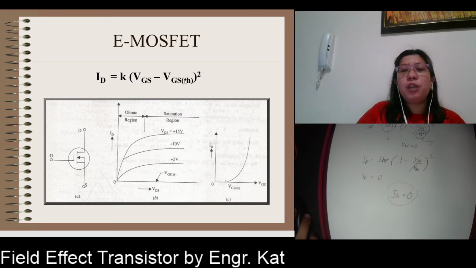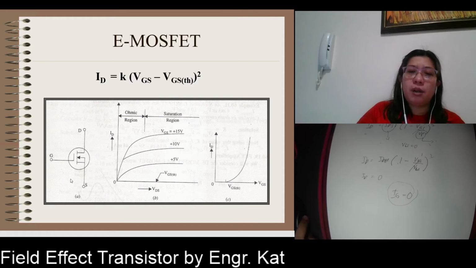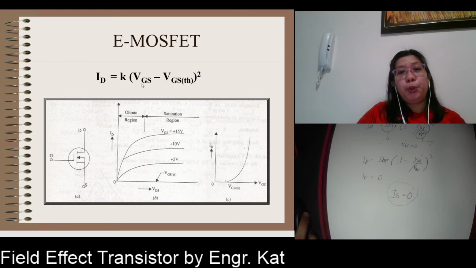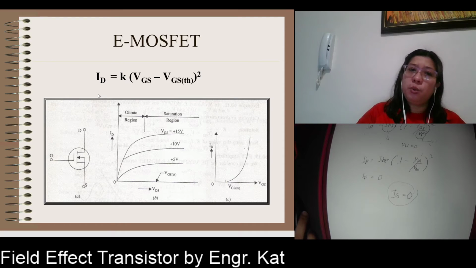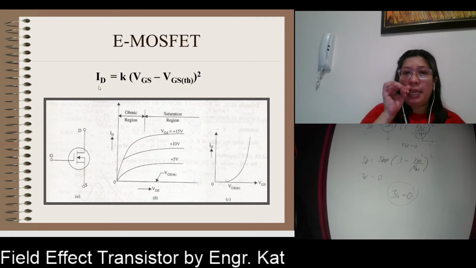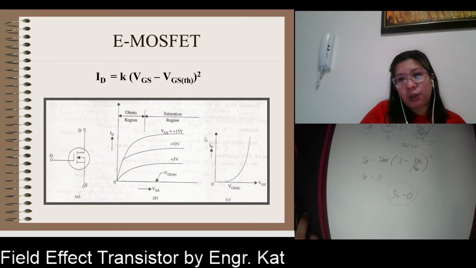Okay, so the VGS TH is the voltage required for the depletion region to be penetrated. Okay, so you have to have a greater VGS here. So when your VGS is greater than your VGS TH, that is the only way that you can have your ID here. Okay, so this is the transfer curve.